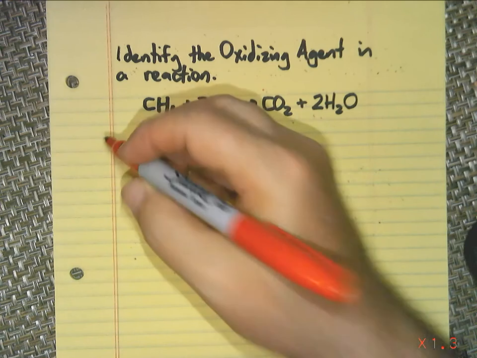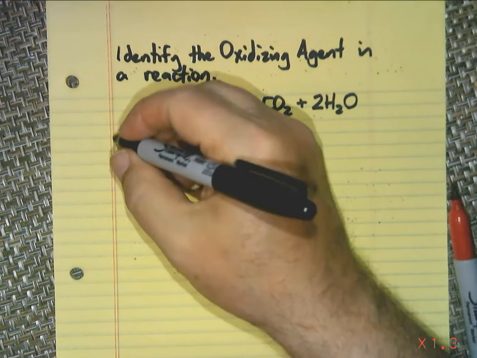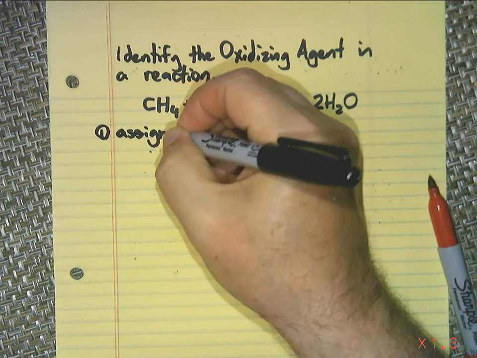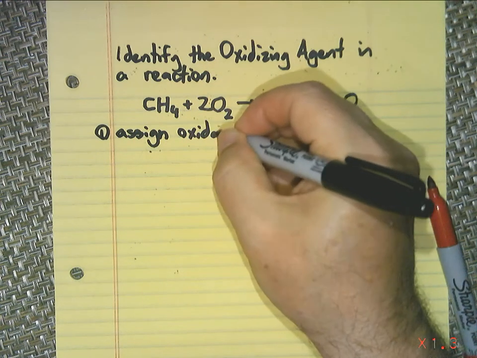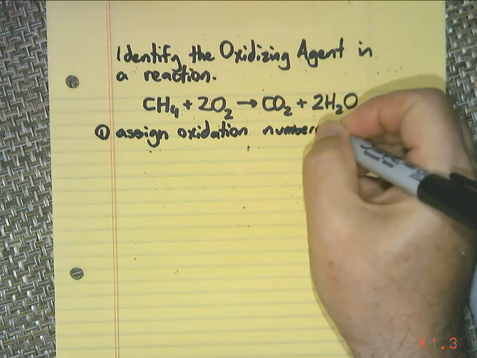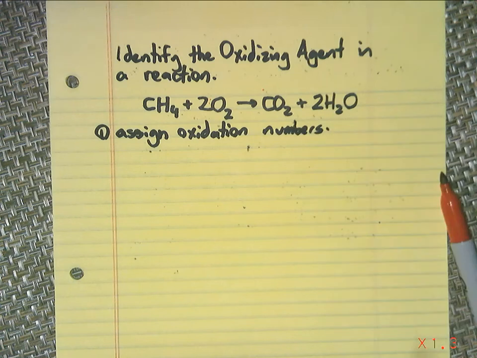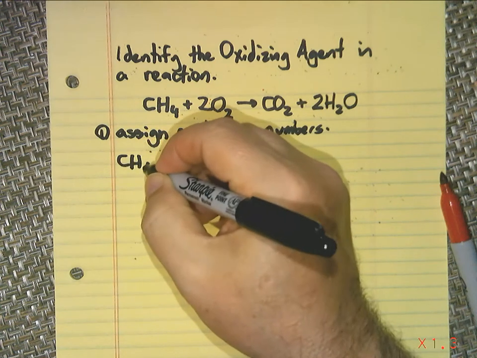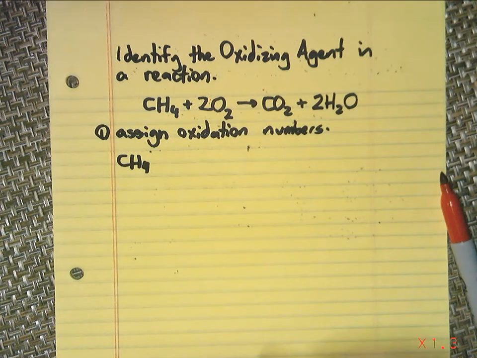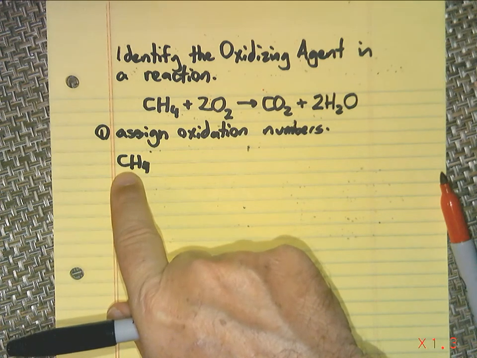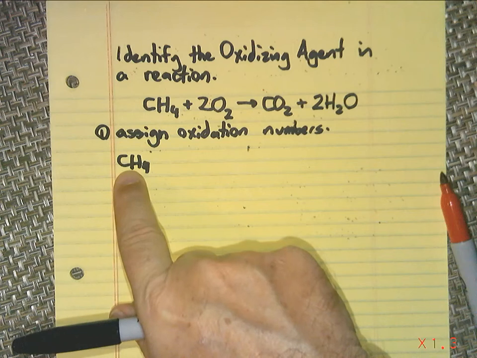All right, the first thing that you need to do is assign oxidation numbers. And we have done that in the previous two videos. Let's do it. If I've got CH4, the rules are, rule 1, do you have only one element? No, we've got two elements.